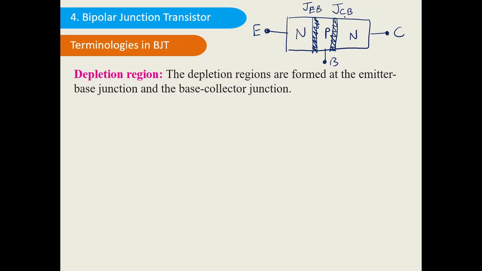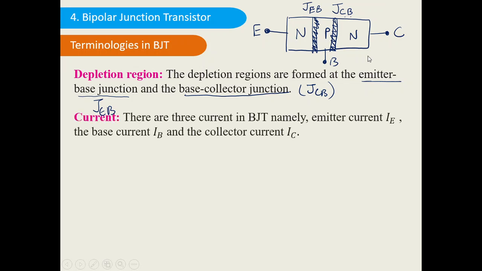JCB is the collector base junction, and JEB is the emitter base junction. So there are two junctions, that means there are two depletion regions. Depletion regions are formed at the emitter base junction, denoted by JEB, and the collector base junction, which is denoted by JCB.